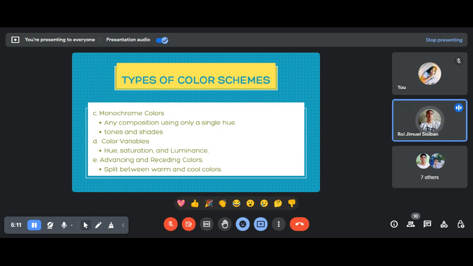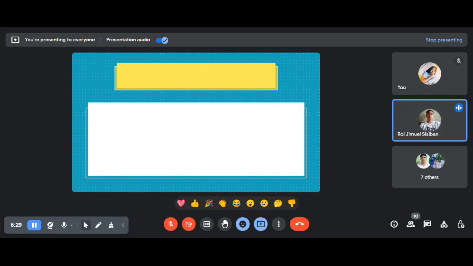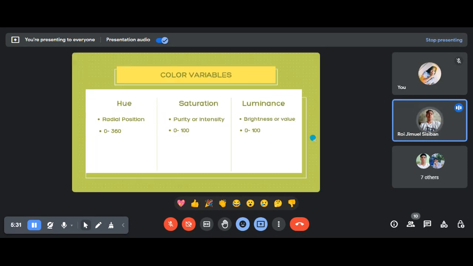Last is the color variables, which refers to expanding the basic color wheel into a complete palette of the 10 million colors humans can see. In the color variables, we have three, respectively: the hue, saturation, and luminance.